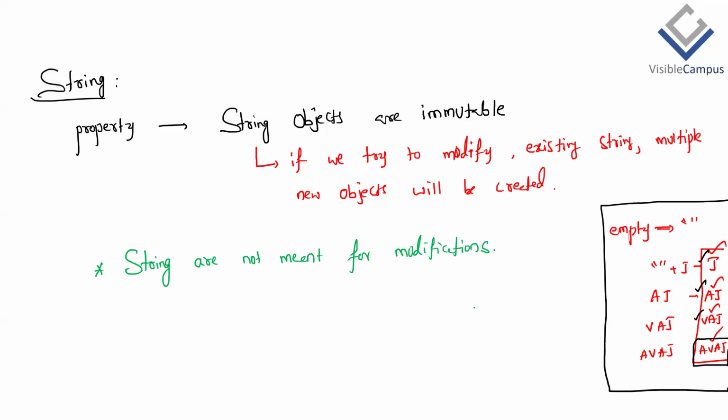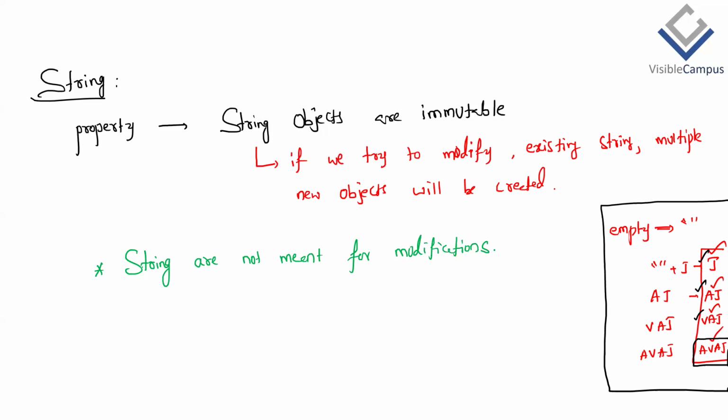If our requirement is to modify very frequently, then don't use a string. If our requirement is not to modify, then string is best, because one time it will be created and it will be reused multiple times with the same address from the string constant pool of memory. This is one point to remember.